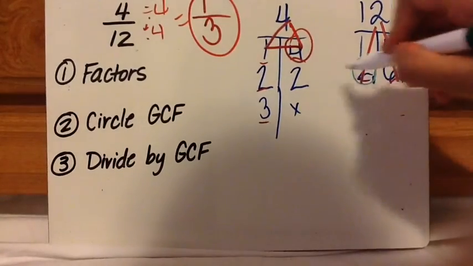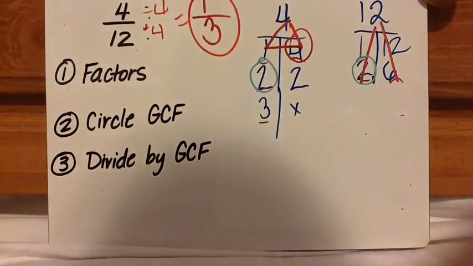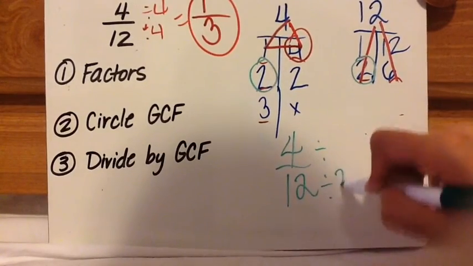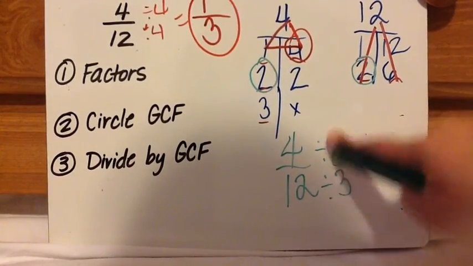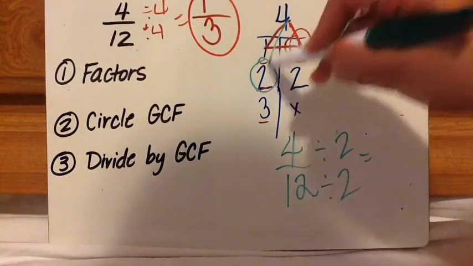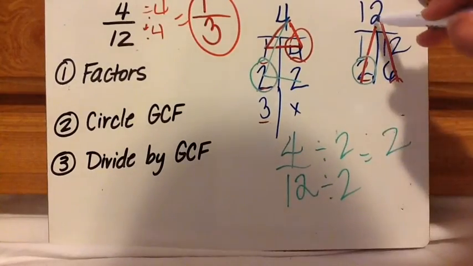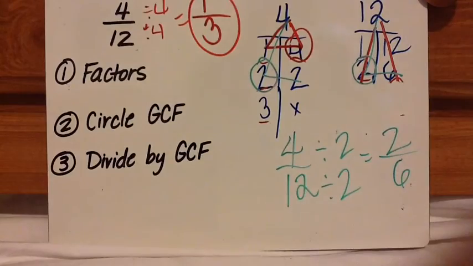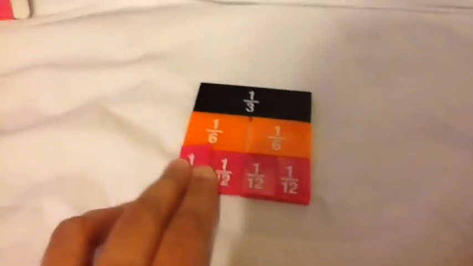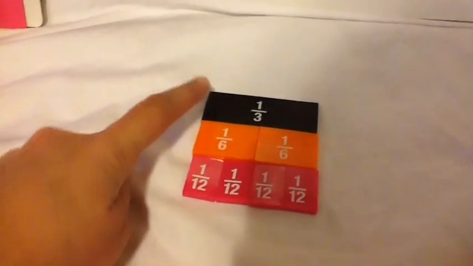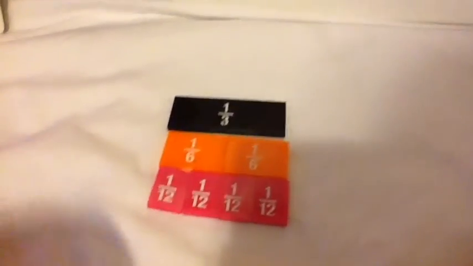So you're telling yourself 2 is the greatest common factor. So when you do 4/12 divided by 2, 4 divided by 2 is 2, 12 divided by 2 is 6. You get 2/6 as your answer. And if you see here, I had said that earlier, that based on these pieces, 2/6 is equivalent to 4/12, but it's not the simplest, fewest pieces.